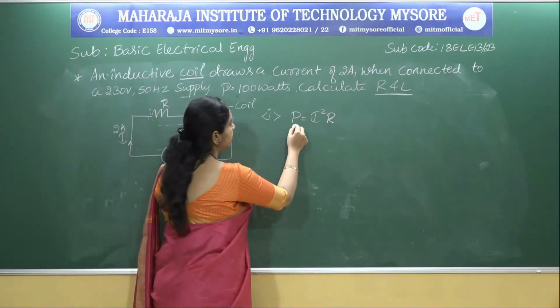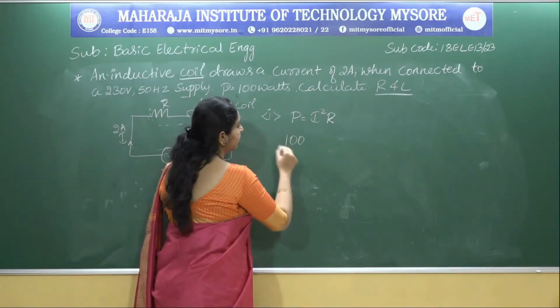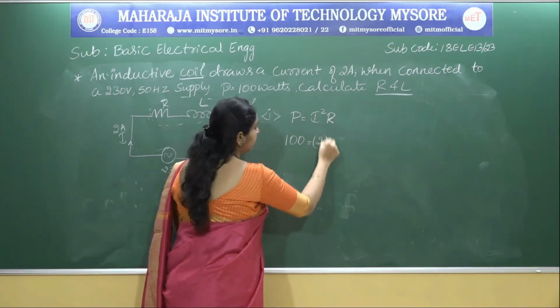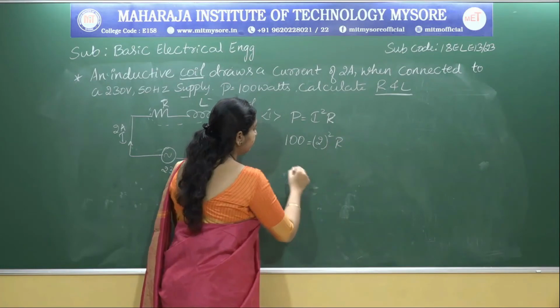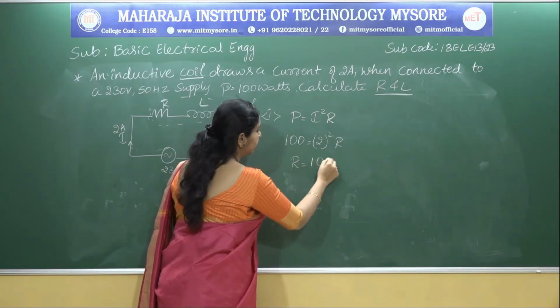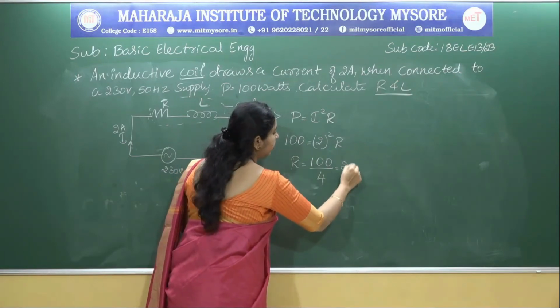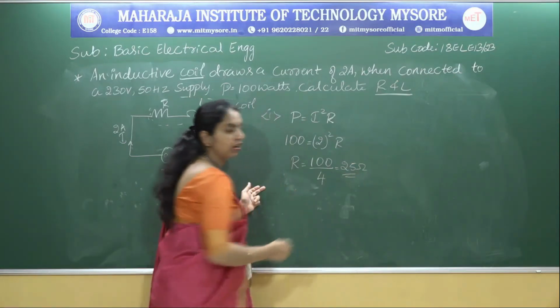So P is 100 watts, equal to I, which is 2 amperes, so 2 square into R. We can calculate the value of R, which is 25 ohm.